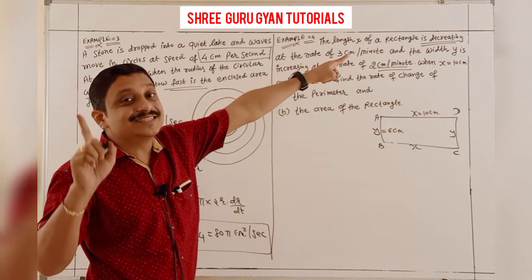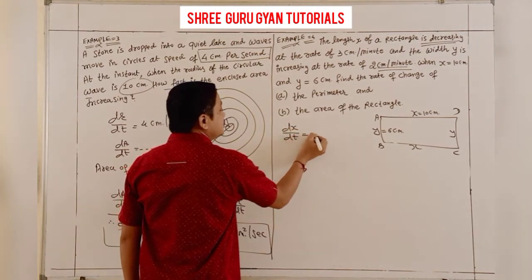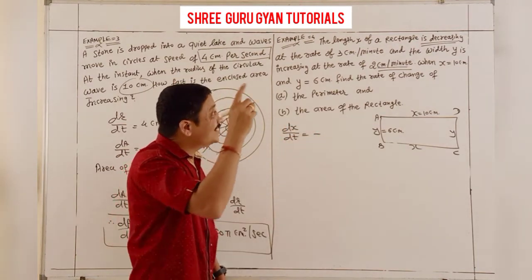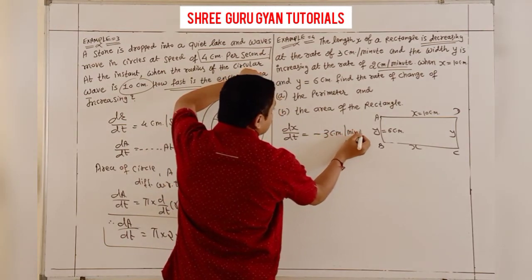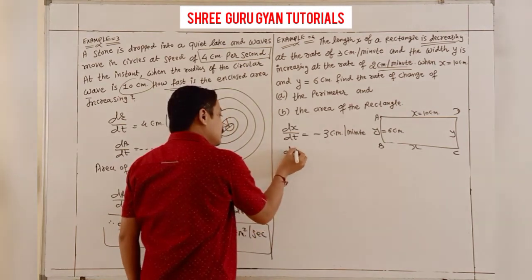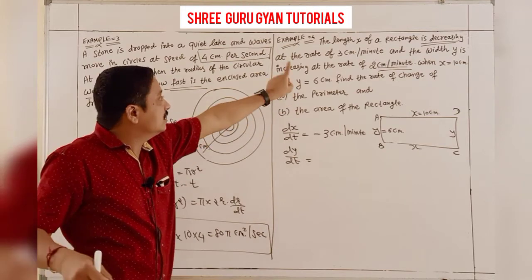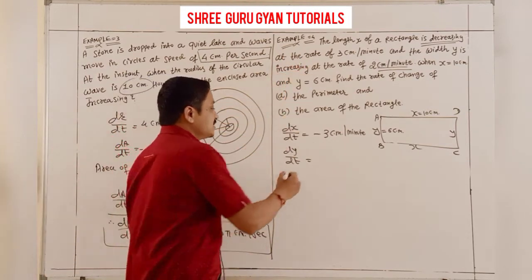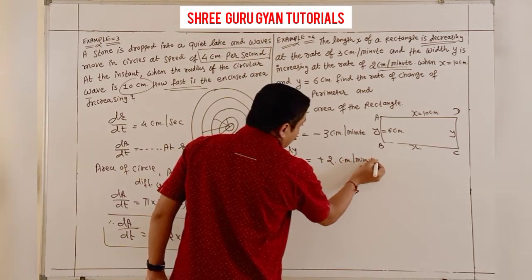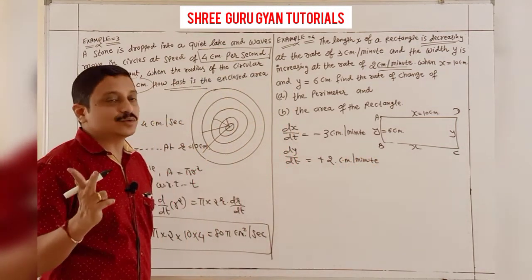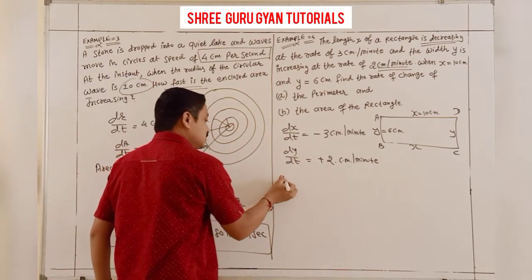The length of the rectangle is decreasing, it means dx by dt, decrease means minus, given 3 centimeter per minute, and dy by dt, it means breadth, broadness, is given as increasing. Here the word increasing is given, so I take plus 2 centimeter per minute, and we are asked two questions: perimeter changing and area changing. I start first.